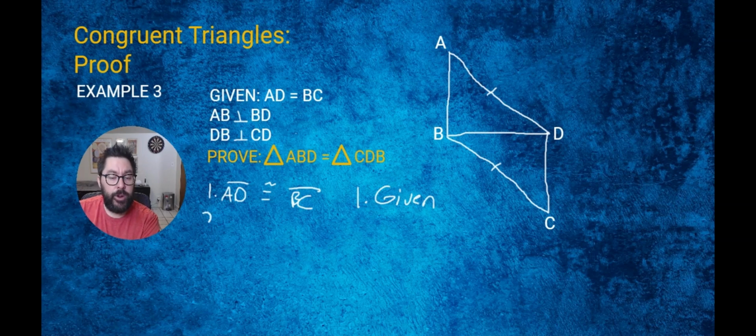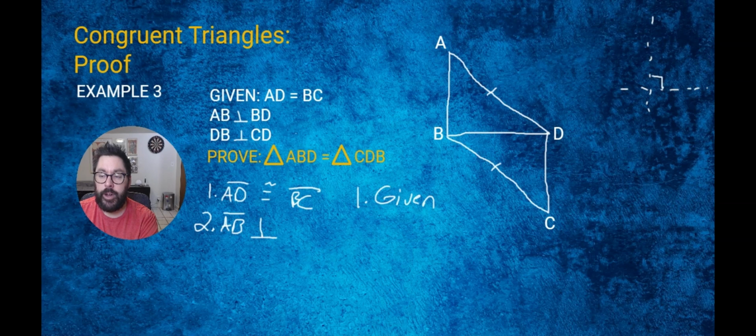And for our next step, we have another piece of given information. Since they're the same thing, you can smush them together. So we have segment AB is, and if you don't know what this symbol is, it means perpendicular. Two lines are perpendicular if they intersect at a 90-degree angle, or a right angle.